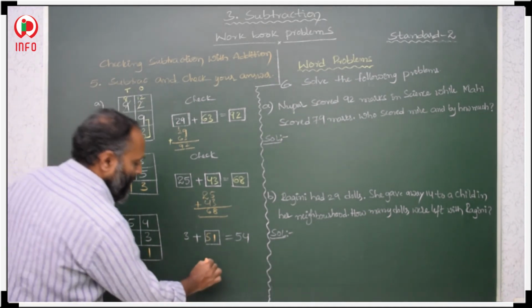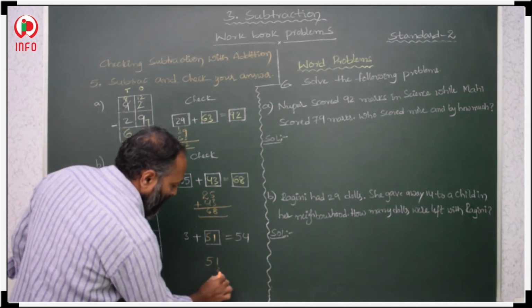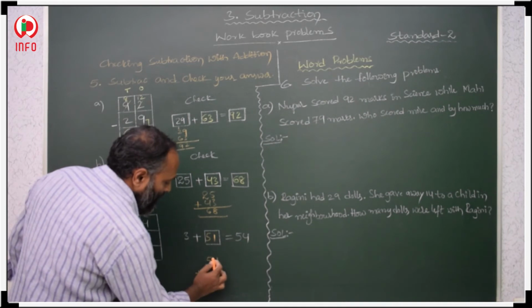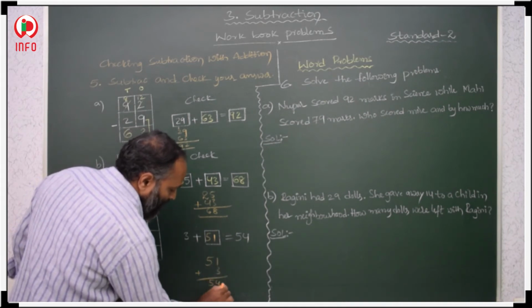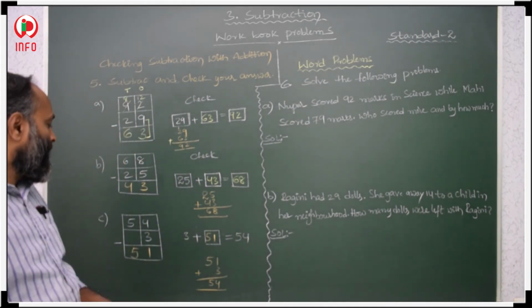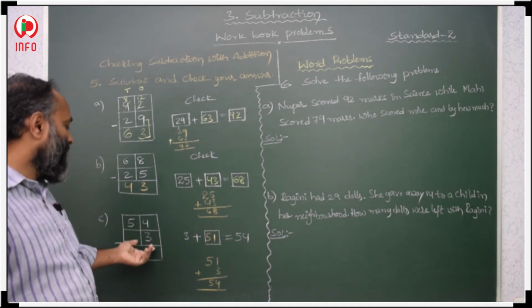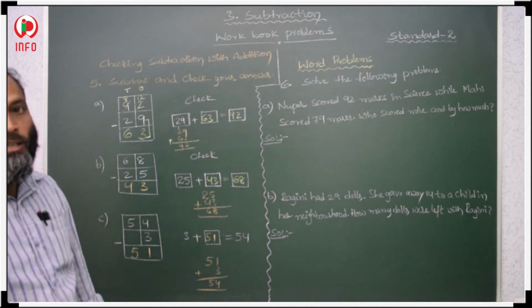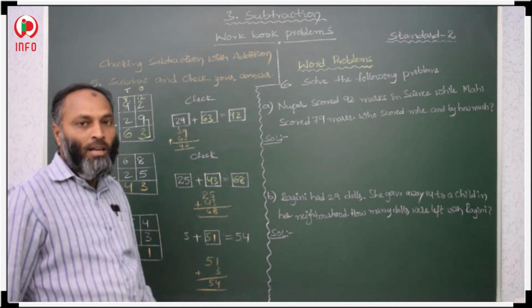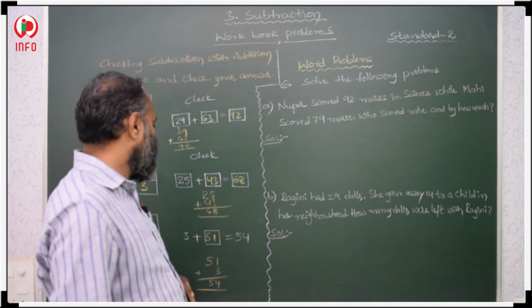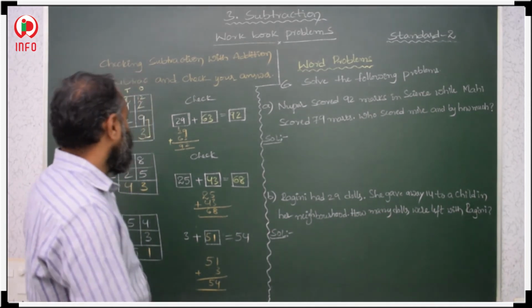If you want to check, 51 and 3, add these two. 3 plus 1, 4, and 54. Like this, difference and subtrahend. If you add difference and subtrahend, then our answer is the minuend. So remember this. Okay. So this is how to check.